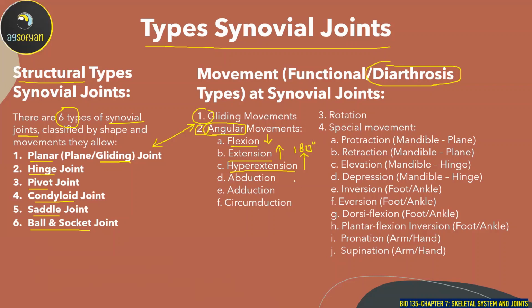Usually you cannot do it with your elbow, because your elbow only gives the highest angle 180 degrees, which is the straight line. You cannot perform the hyperextension with this elbow, but you can perform with, for example, your hip joint. Okay, we're gonna see the examples later.